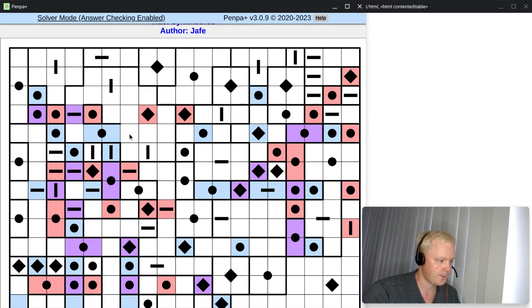So that would indicate this. If we take this cell away, now nothing can reach this cell, I think. This bar can't reach this cell without using this, and this diamond can't reach this cell without using this. So that means this dot can never take this cell because this would be left stranded. So that's a wall, that's a wall.